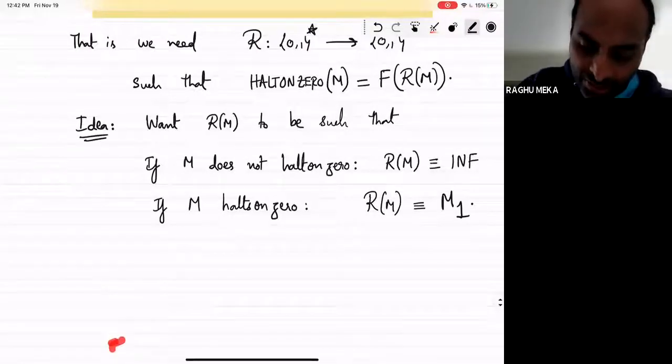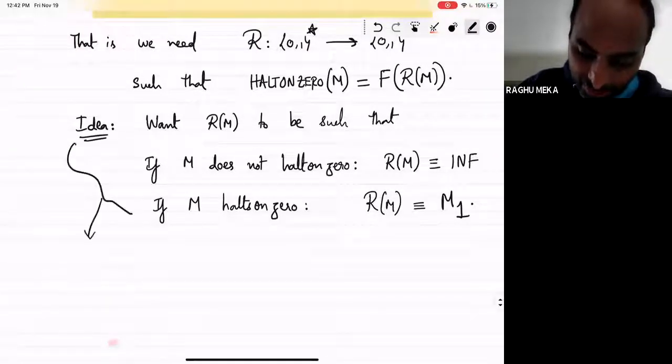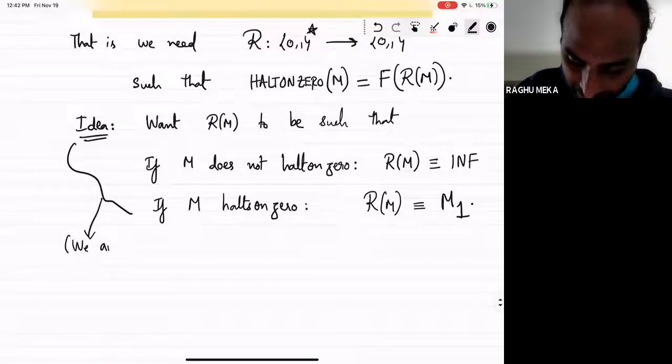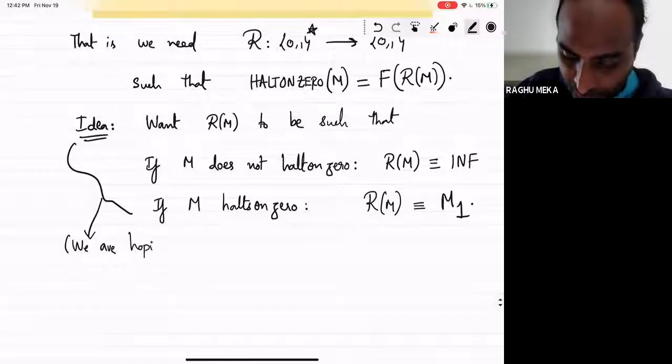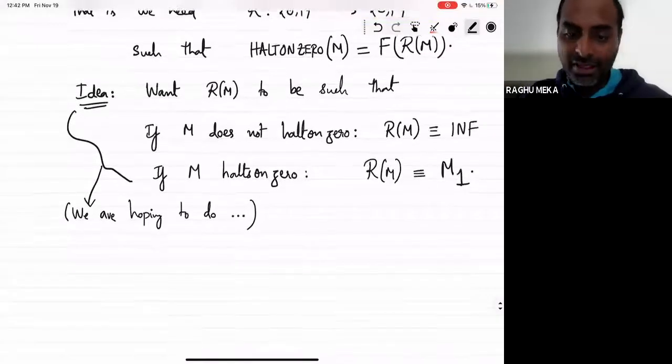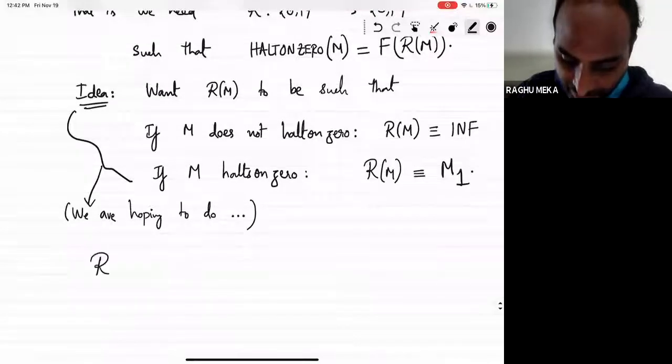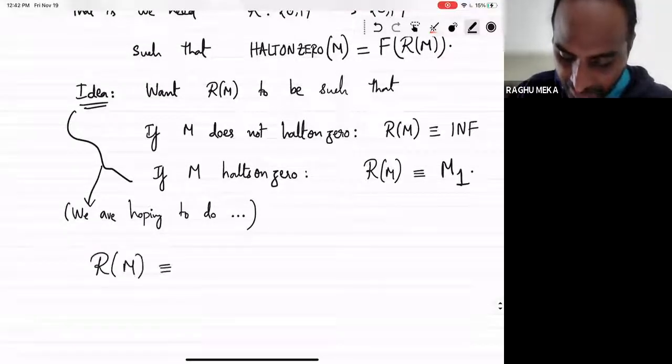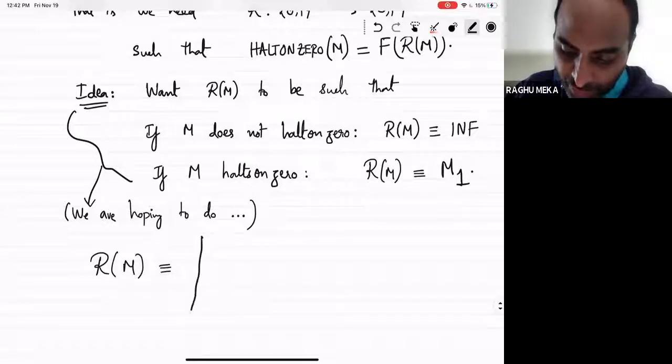Okay, so let's see. So this is what we are hoping to do. Okay, let me now describe the reduction to do this. So R of M is actually going to be the following program.